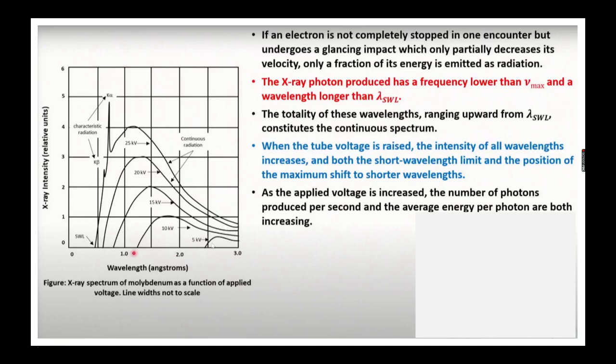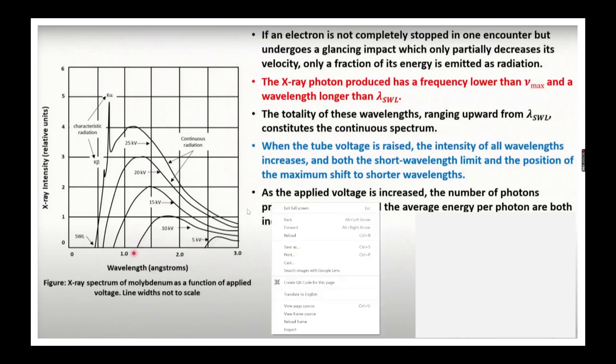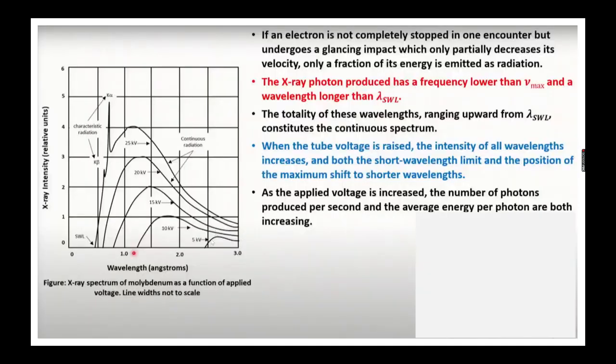Here you can see the SWL, the shorter wavelength limit, and the position of the maximum. For 5 kilovolt the position of the maximum is here, and for higher voltage it is here. So the position of maxima is shifting to the shorter wavelength, and the SWL, where the intensity is 0, is also shifting towards the left.